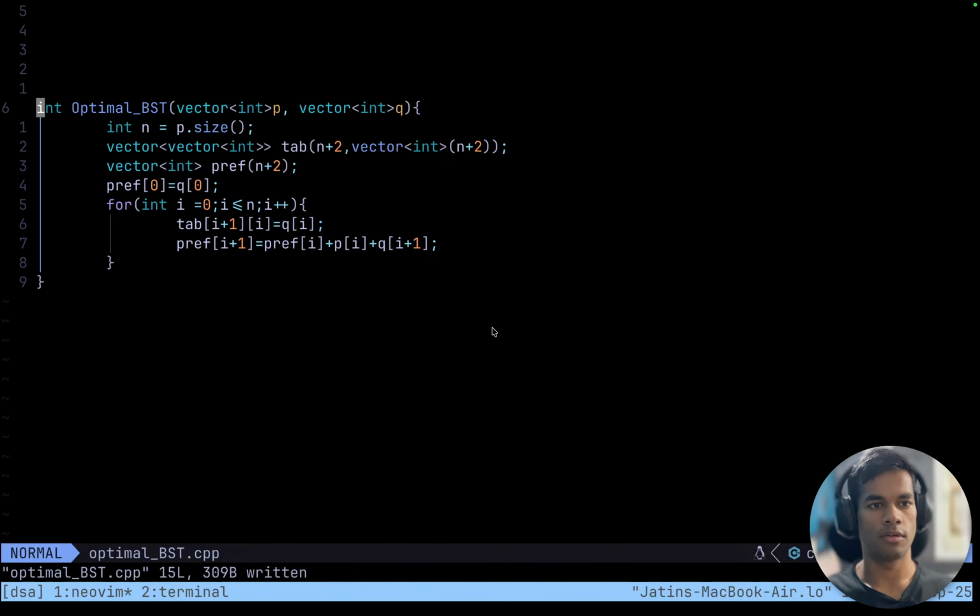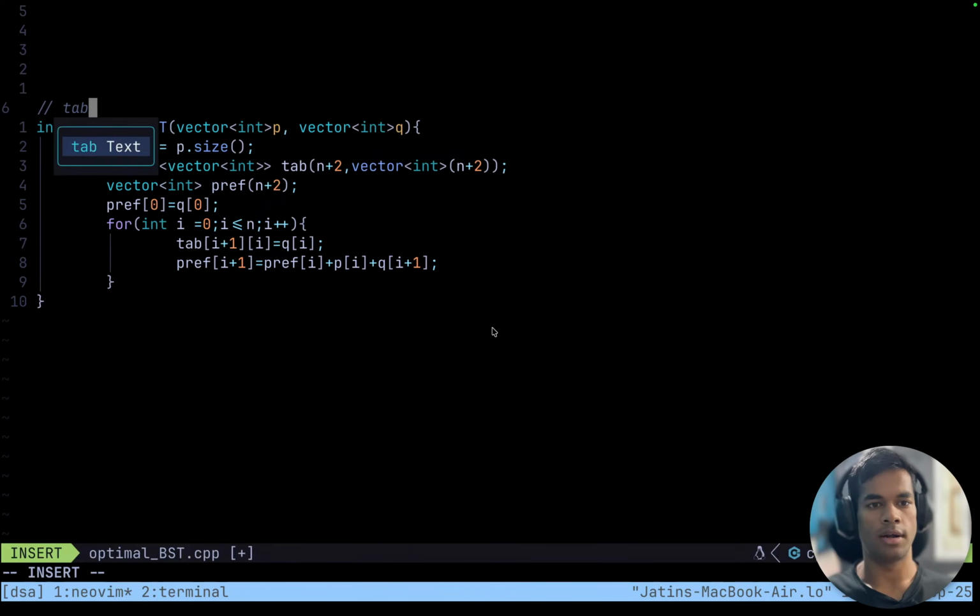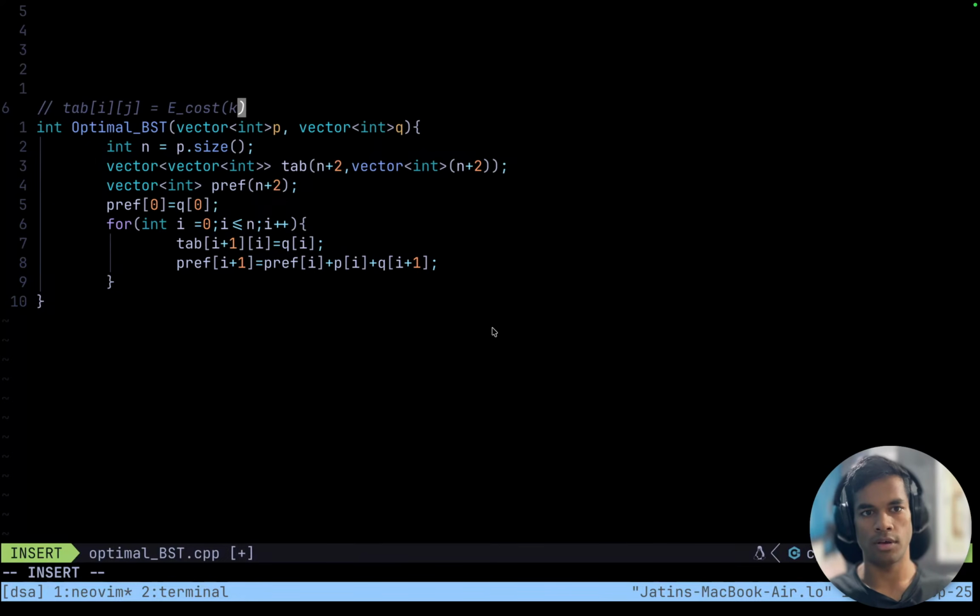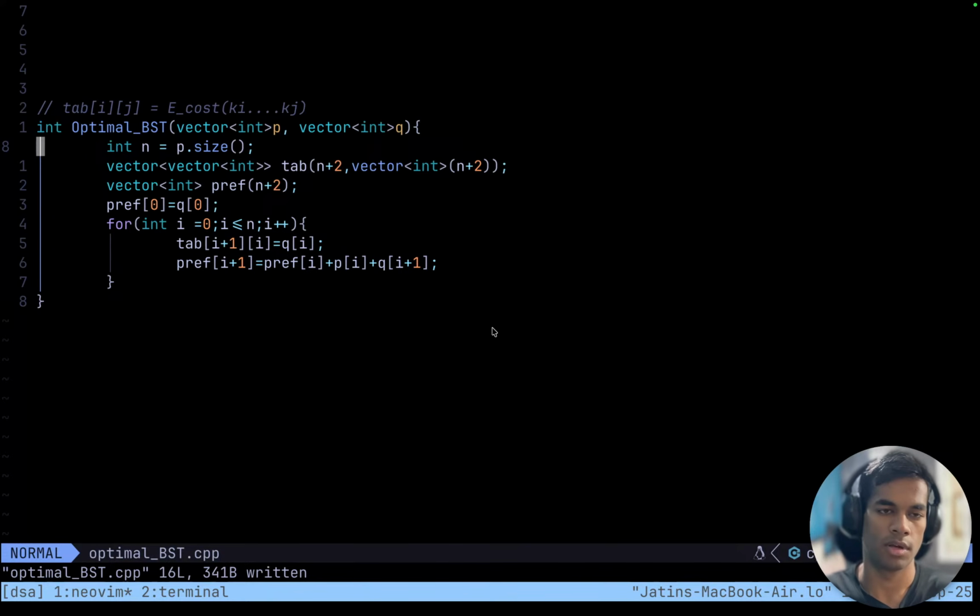So what does tab ij mean? Tab ij is the expected cost when I am using ki, ki+1, dot dot dot till kj. The expected cost when I'm using all of these things. The optimal expected cost.